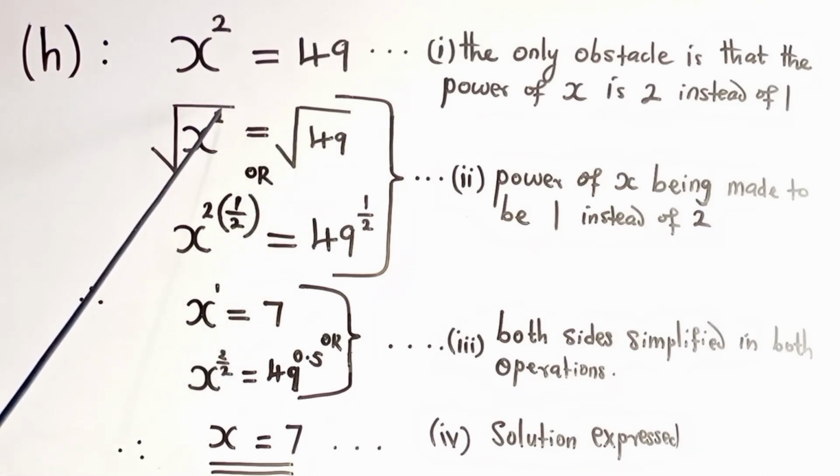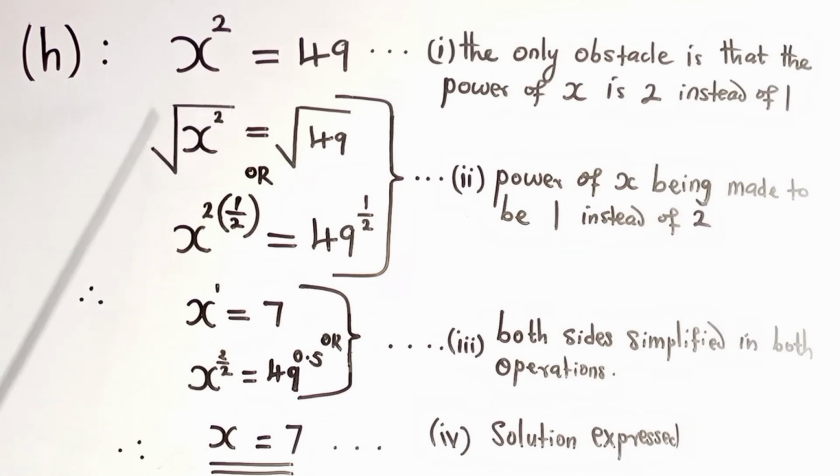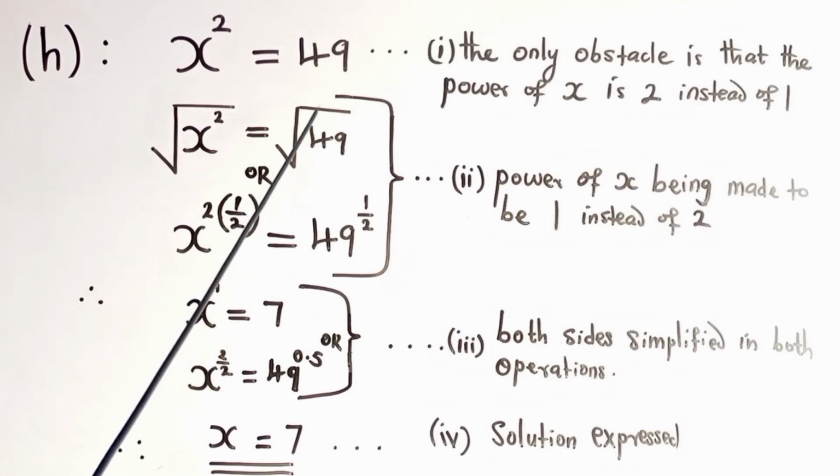And I said earlier that square root of a square is equal to that number that is squared. Therefore, x is squared. Its square root is equal to x. Square root of 49 is equal to 7.